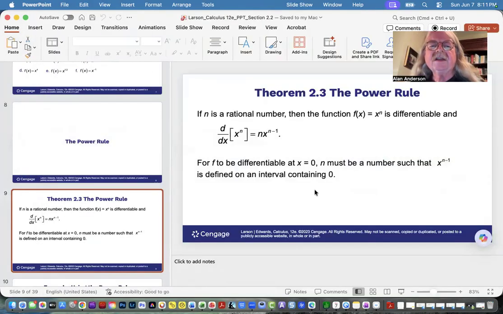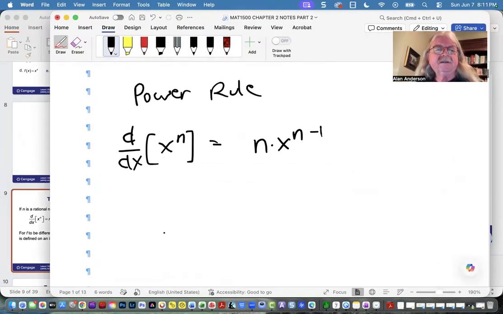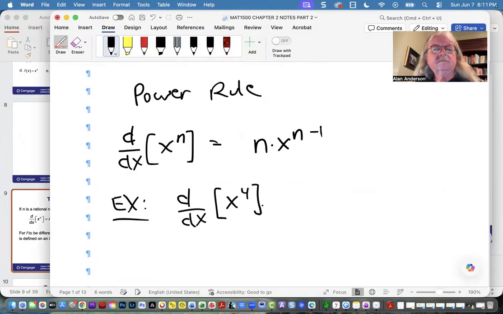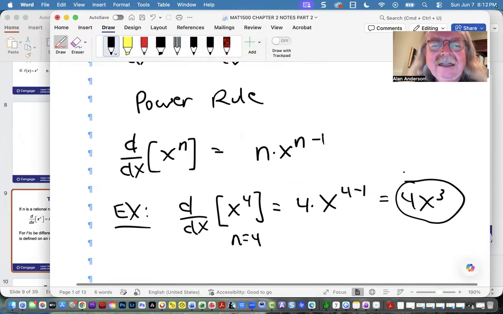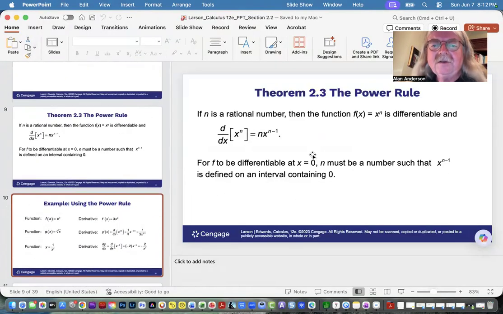So if, for example, you had something like this, in this case, n is 4. So you'll end up with 4x to the 4 minus 1, which is 4x cubed. And it's that simple. Okay. All right. So far, so good.